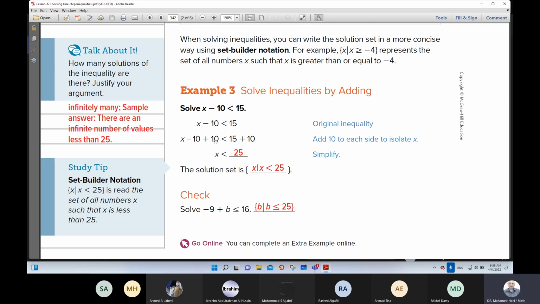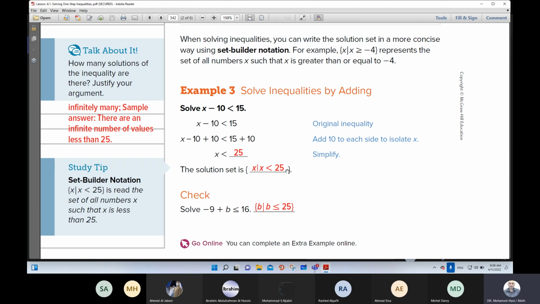Negative 10 plus 10 is 0, so we have x, and the sign stays less than. 15 plus 10 is 25. So x is less than 25. The solution set in set builder notation is x such that x is less than 25.